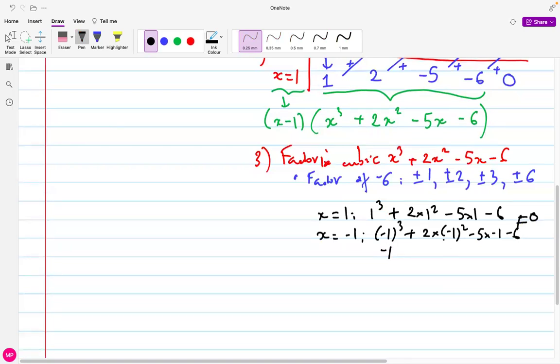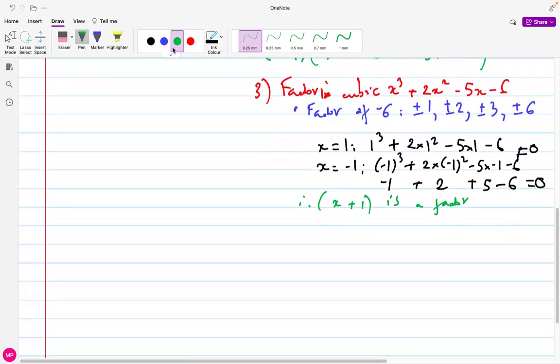That is negative 1, plus 2, plus 5, minus 6. This will give me 0. Because you sub negative 1 in the cubic and it ends up 0, you turn the negative 1 to the left, and that becomes plus 1. So you would say x plus 1 is a factor.